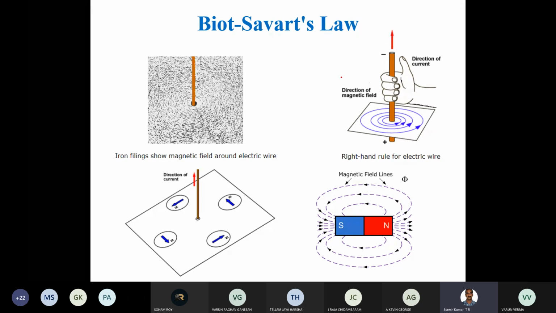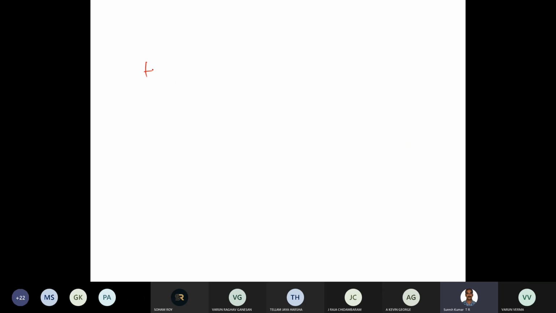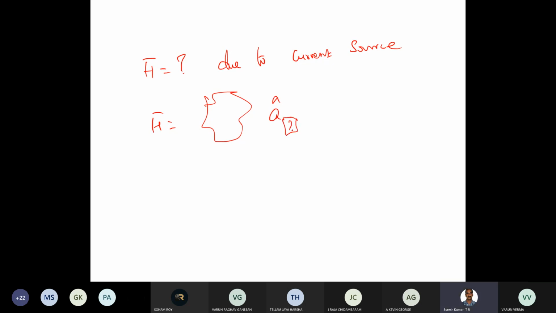Ultimately, this chapter's purpose is to calculate the magnetic field due to current sources. The resulting magnetic field will have some magnitude and some direction. This is also very important. By inspecting the given problem, you can predict this part of the solution without mathematics. So you can get some 2 marks easily, or you can cross check your final answer.